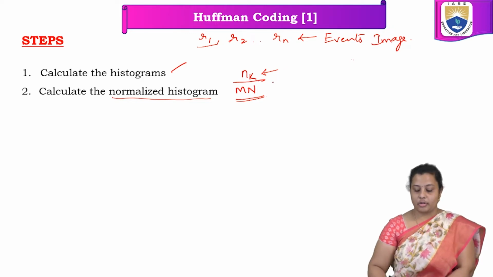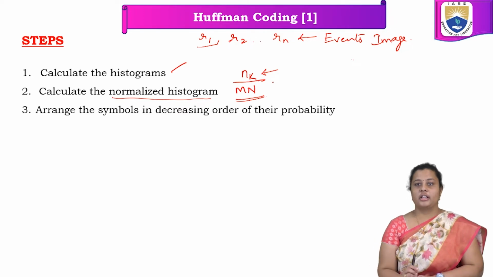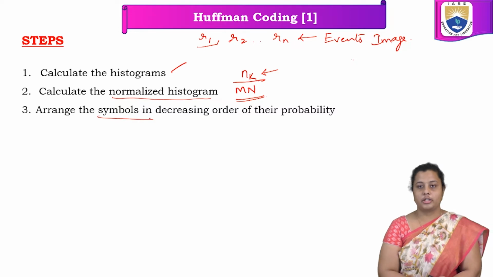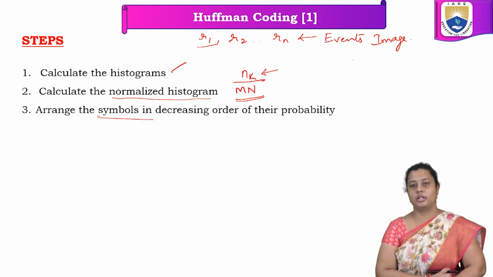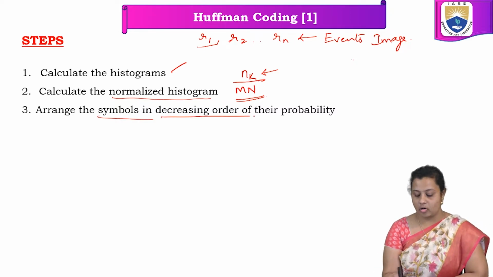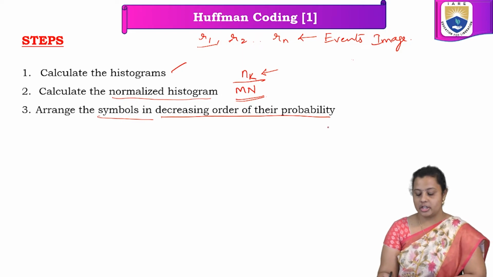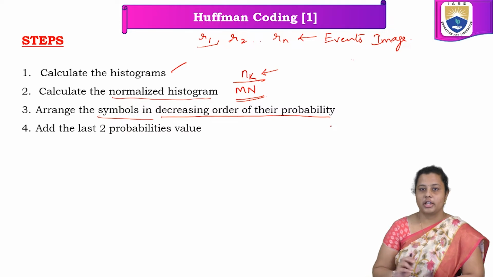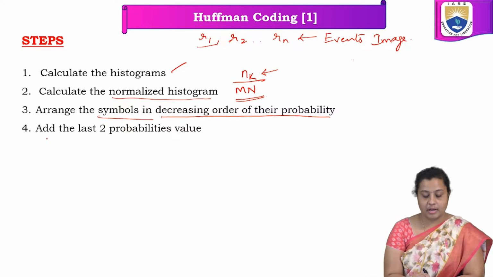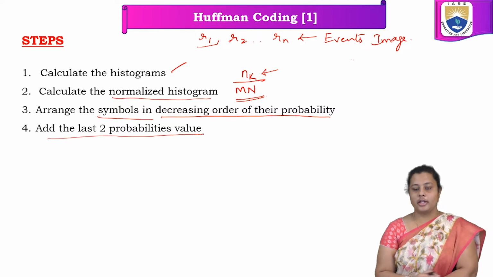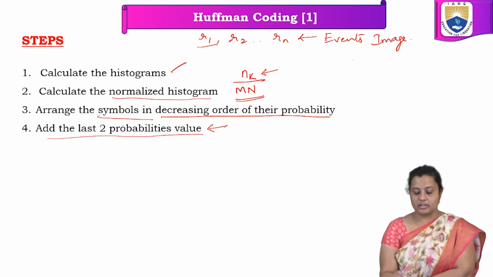So next, what will be the step? After calculating our normalized histogram, we will arrange the symbols, the possible events, in the decreasing order of their probability. Next, in the first stage, we add the last two probability values, and we go to our next stage.